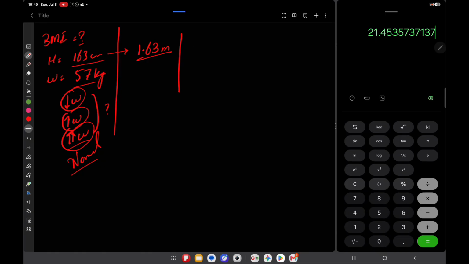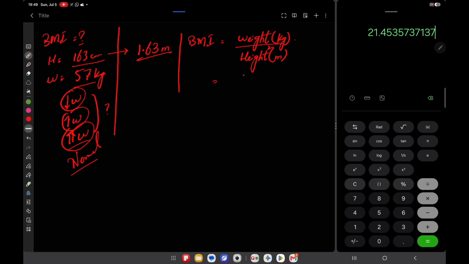I was talking about meter square, so we can calculate it within the BMI formula. BMI is equal to weight in kg divided by height in meters, and we have to take the square of it.